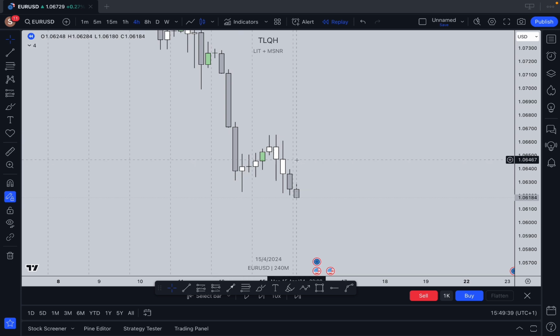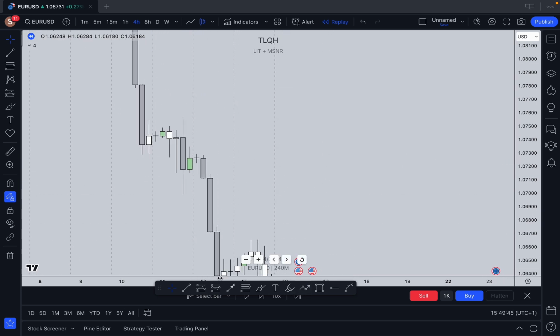Well, we know that when we are taught to trade to start with, a lot of people will be looking to trade these types of candles. So they'll be looking to trade either a doji candle or a pin bar candle, whether that is a bullish or a bearish pin bar.